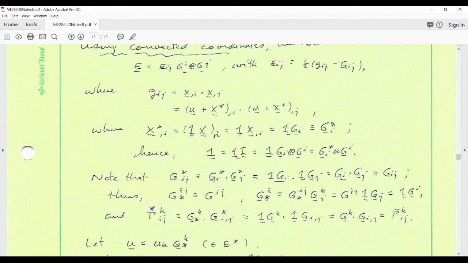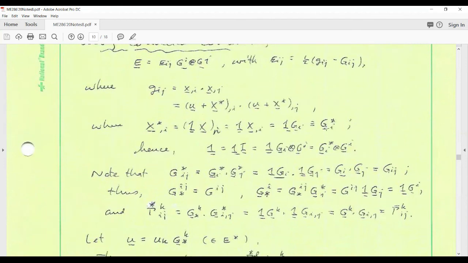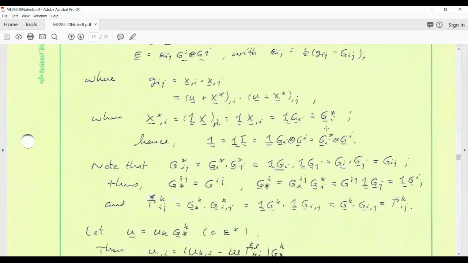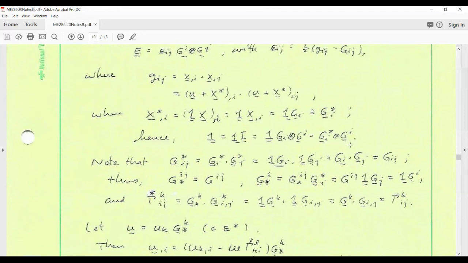It's the same vector, just now interpreted as an element of the vector space E star instead of E. In fact, we can write 1 then as 1 times the referential identity. The referential identity, if you go back to your notes, is cap GI, tensor product, cap G super I. 1 on GI is GI star, so you can write the shifter in this form right here.